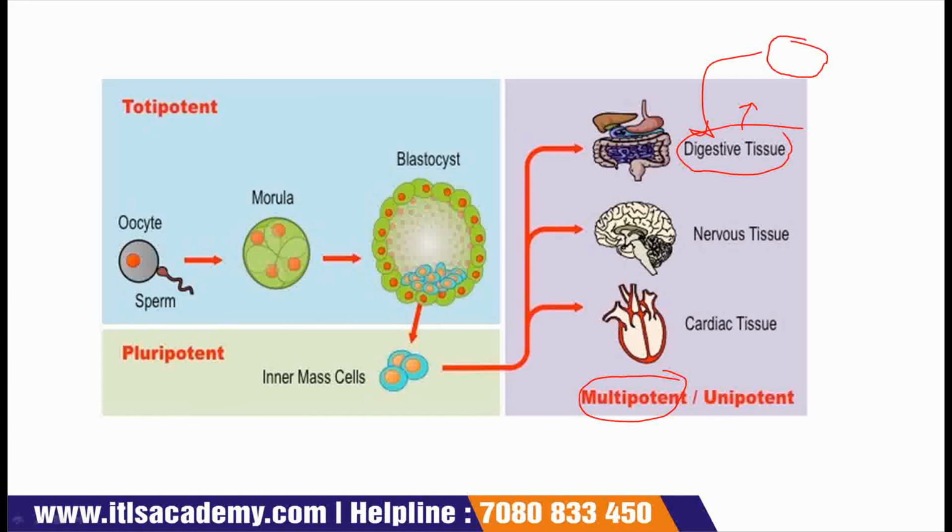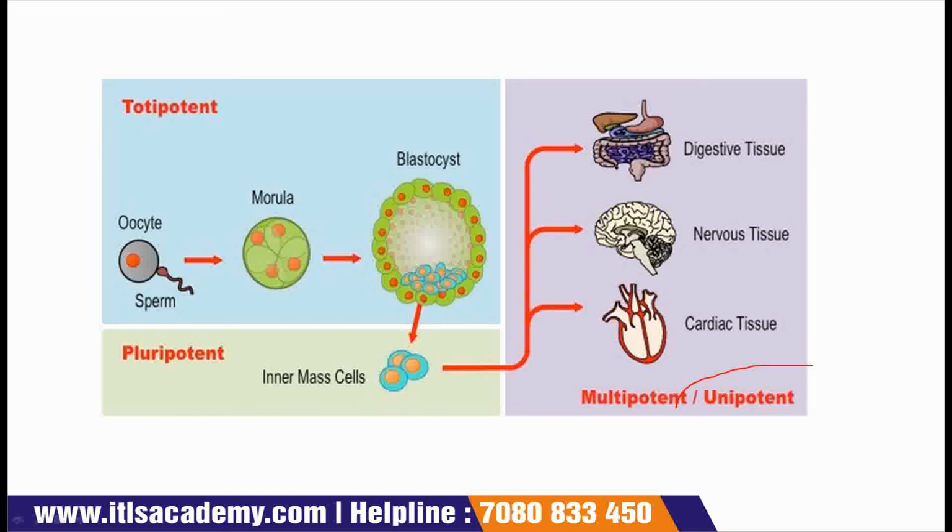This multipotent cell, if it is forming the tissues or cells for the digestive tissues, cannot form the systems, organs or cells of the nerve tissues or the cardiac tissues. So it becomes somewhat specialized, and these are multipotent cells.